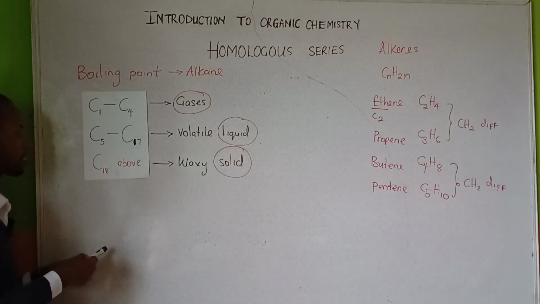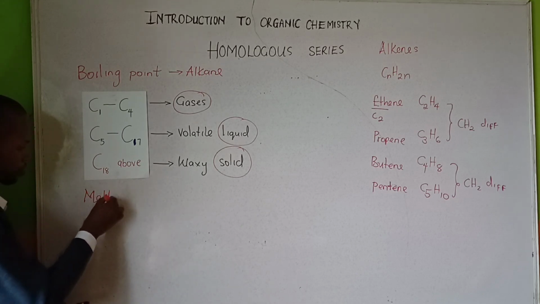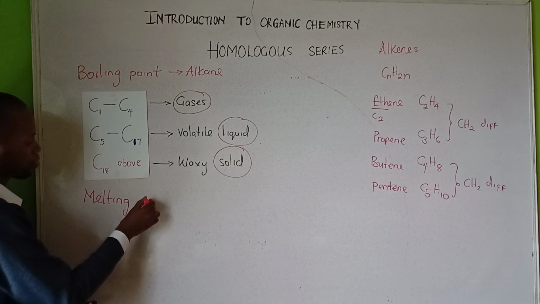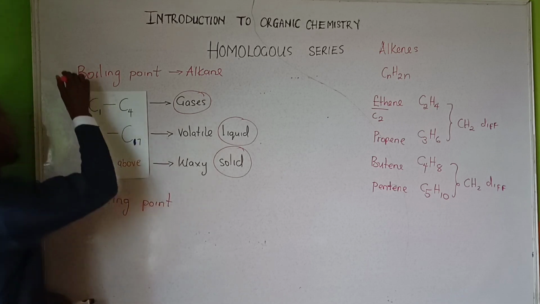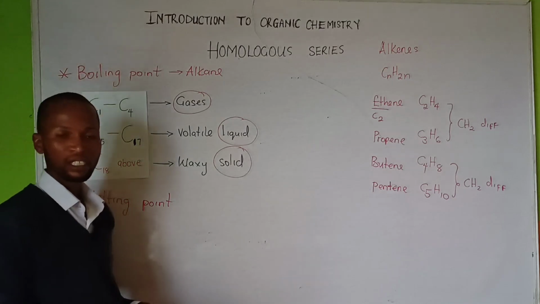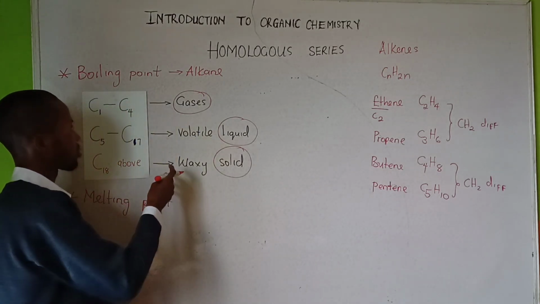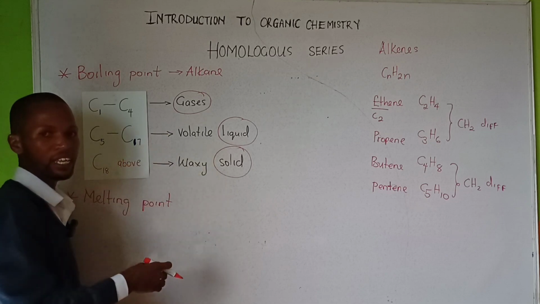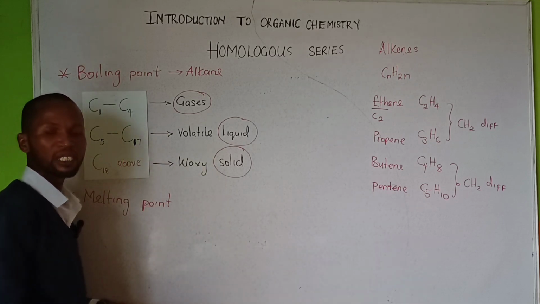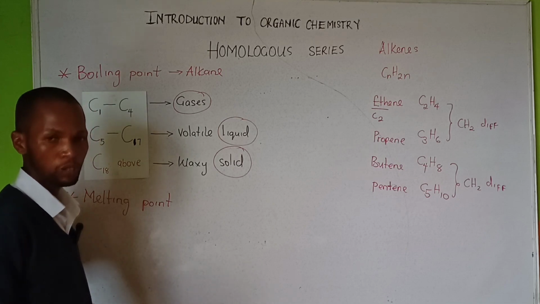The next property is the melting points. The melting points of the alkane also increase down the series, that is from the methane down to decane to icosane.